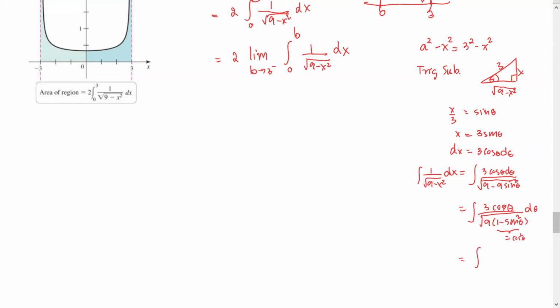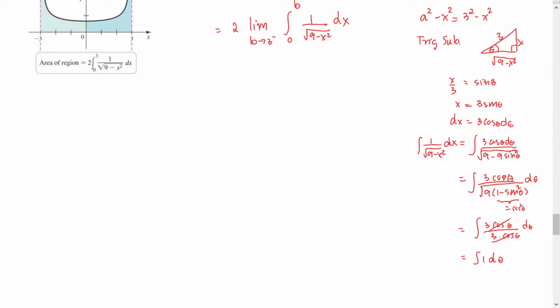So then the denominator becomes 3 multiplied by cosine theta d theta. It's very nice that they both reduce. Now we have to find the antiderivative of 1 with respect to theta, which is theta. And from the relationship of x over 3, we can see that theta equals the inverse sine of x over 3.